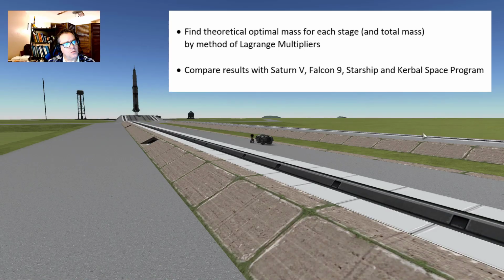So in this video, we will consider some intro-level theoretical mathematical modeling of multi-stage rockets to determine the optimal mass for each stage of a multi-stage rocket, and we'll compare those theoretical results with the real-life Saturn V, SpaceX Falcon 9, and Starship, and with a model built in Kerbal Space Program.